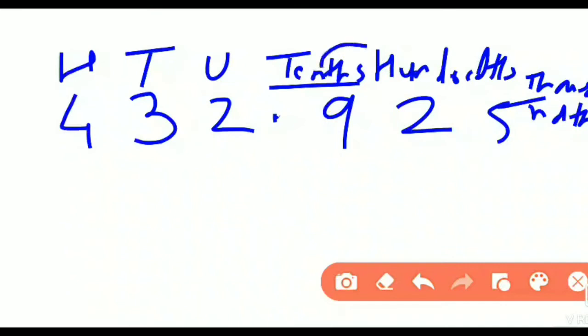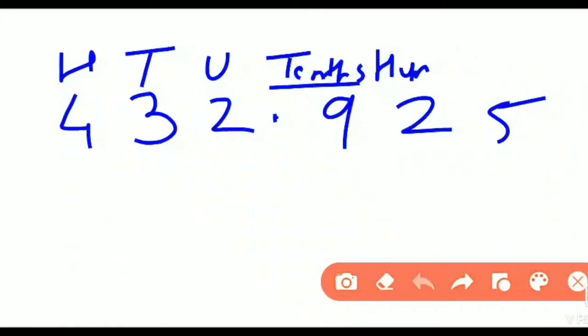So we have to add 'ths' after the spelling of ten, hundred and thousand. Do you all understand? So the places are tenths, hundredths and thousandths.